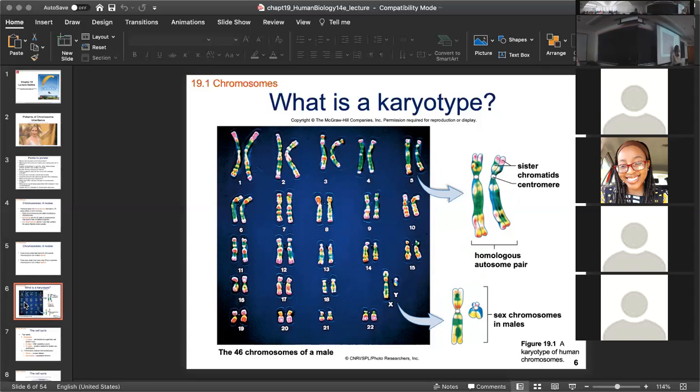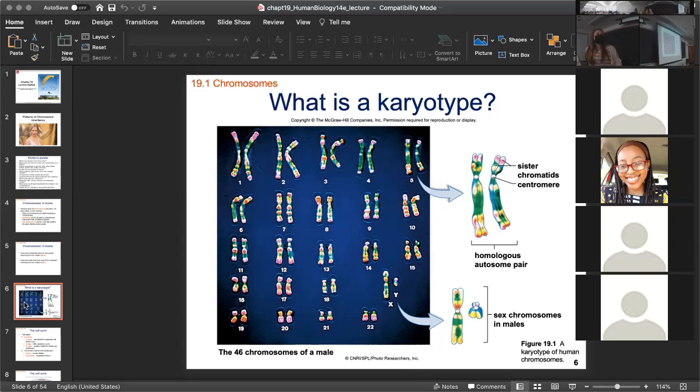So we have sister chromatids, homologous pair, and then in the middle there's this thing called a centromere. A centromere kind of to me just looks like a little knot. Like if this was made out of string, it looks like a little knot that holds the chromosomes together. It holds the sister chromatids together.